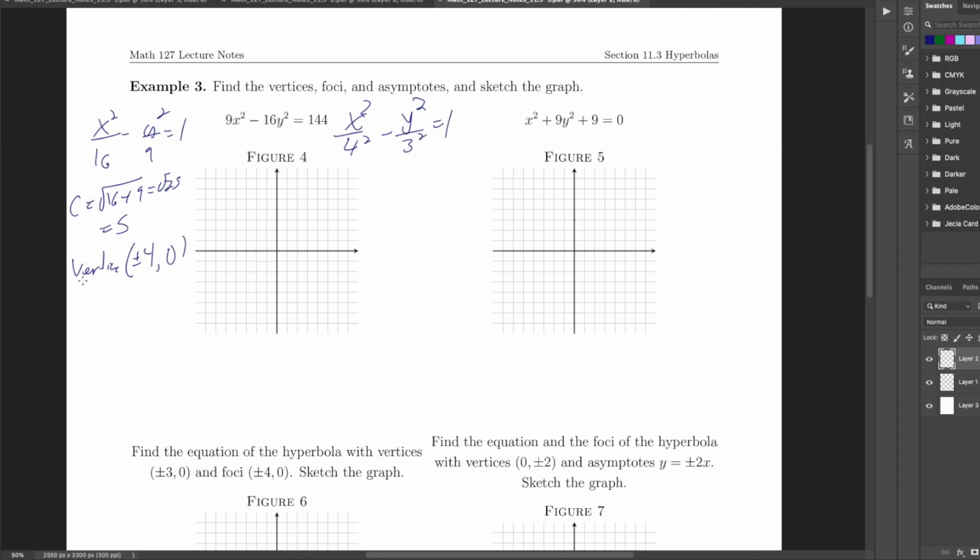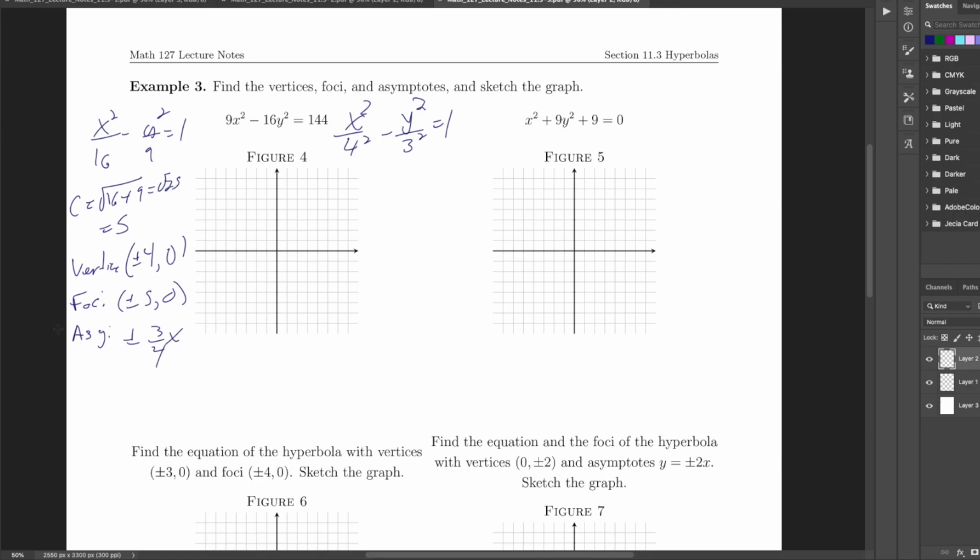So we have our vertices, we have our foci, and we have our asymptotes. Our foci will be at plus or minus 5, and our asymptotes will be y equals plus or minus 3 over 4, in this case, x.